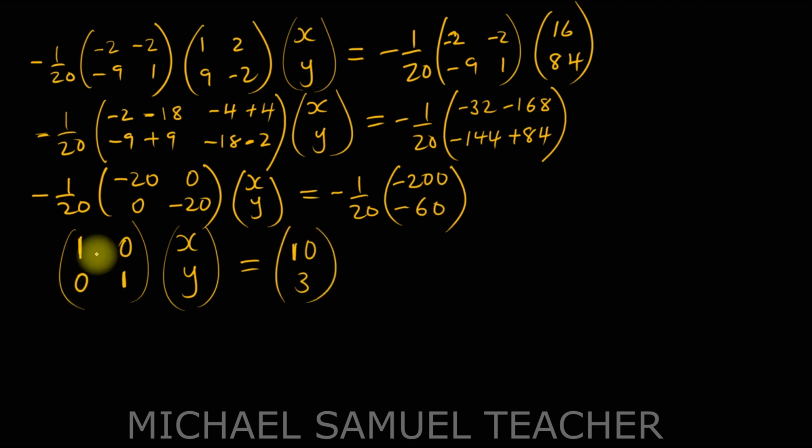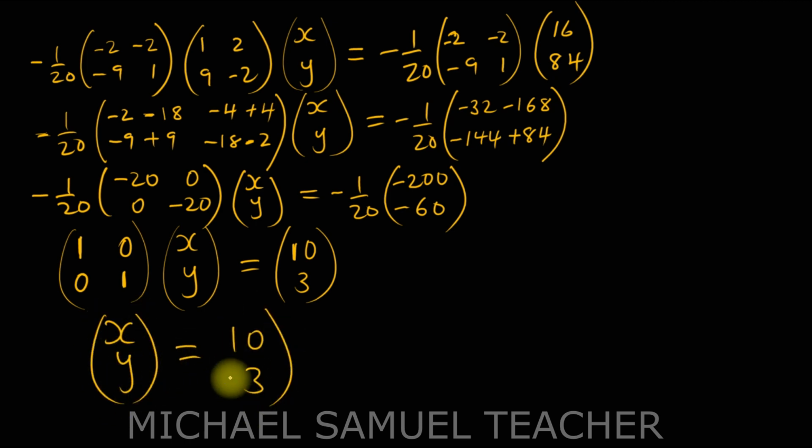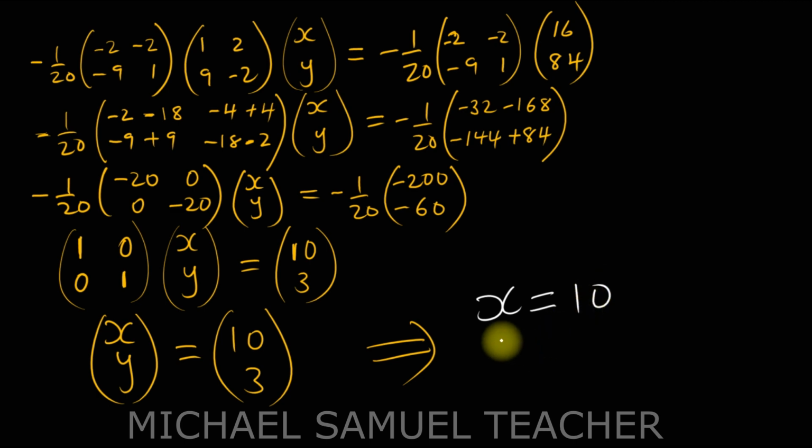Now, this is an identity matrix, which behaves like 1. Therefore, x, y is equal to 10, 3. In other words, x is equal to 10 and y is equal to 3. And that's how we solve it using the matrix method.